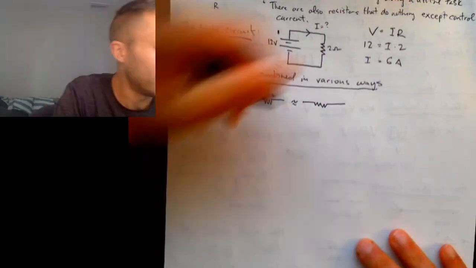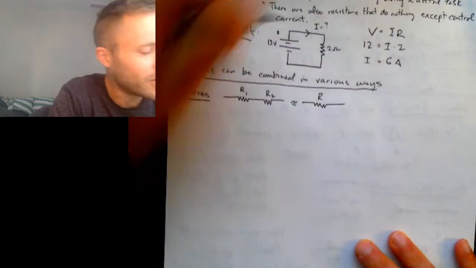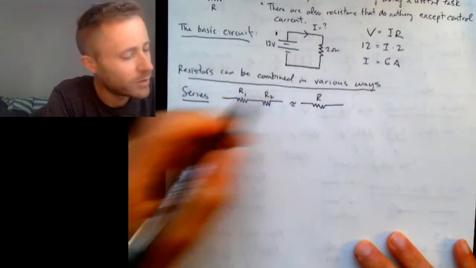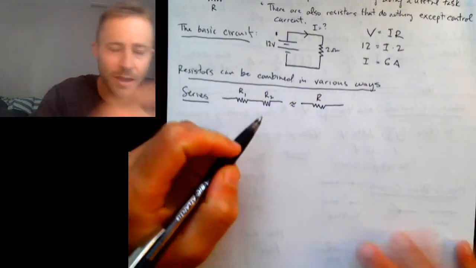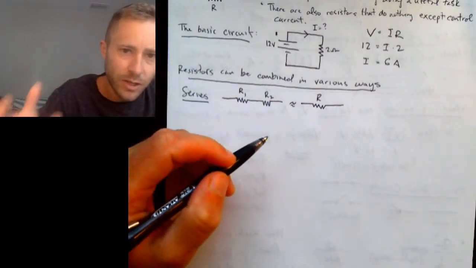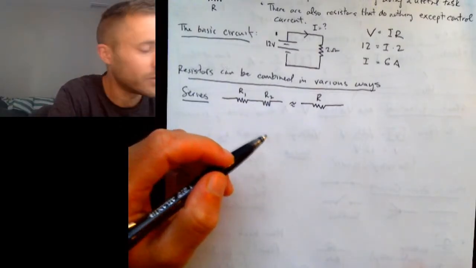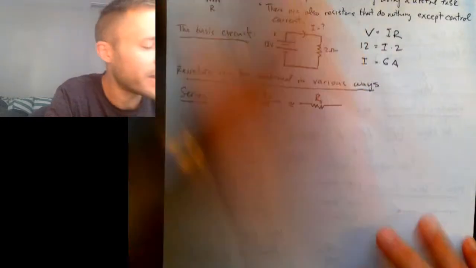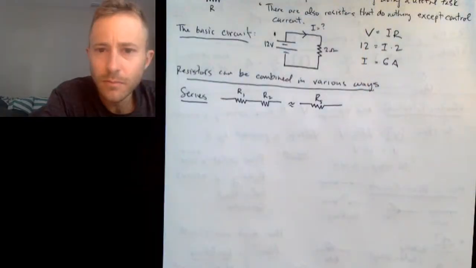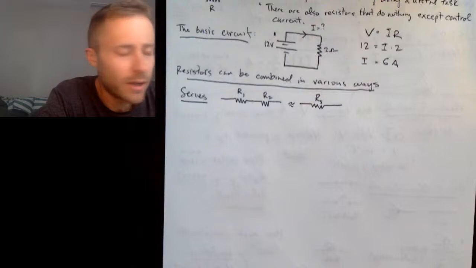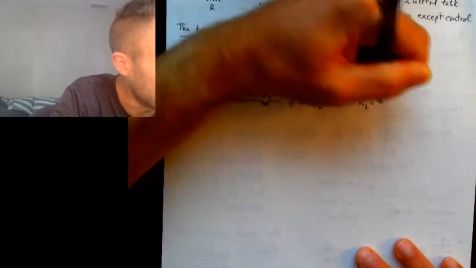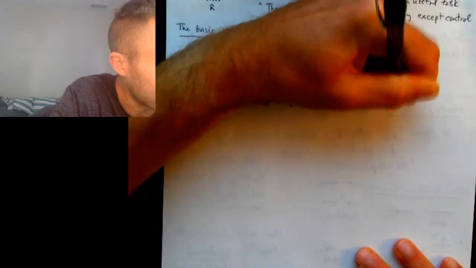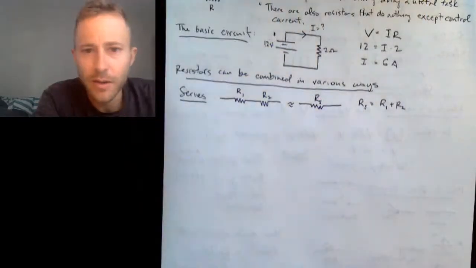We're going to call that equivalent resistance. So even though it's two separate resistors, it behaves in the circuit as a single resistor, which we will call R sub S. And R sub S is equal to R1 plus R2.